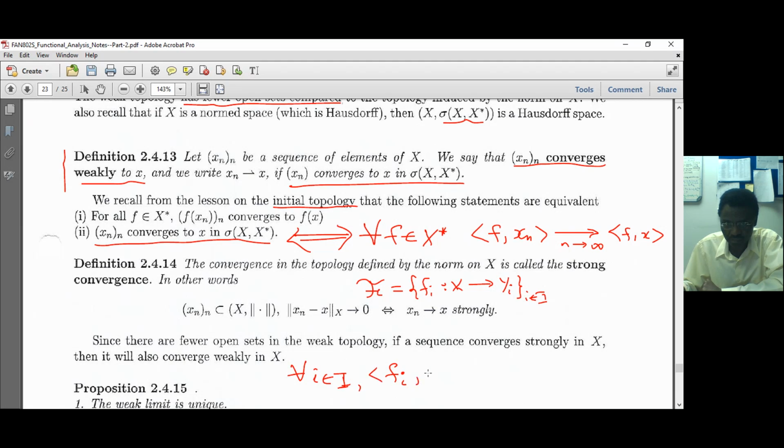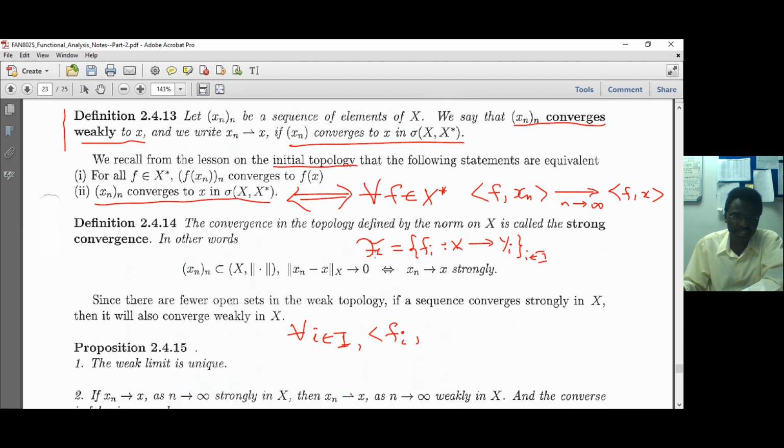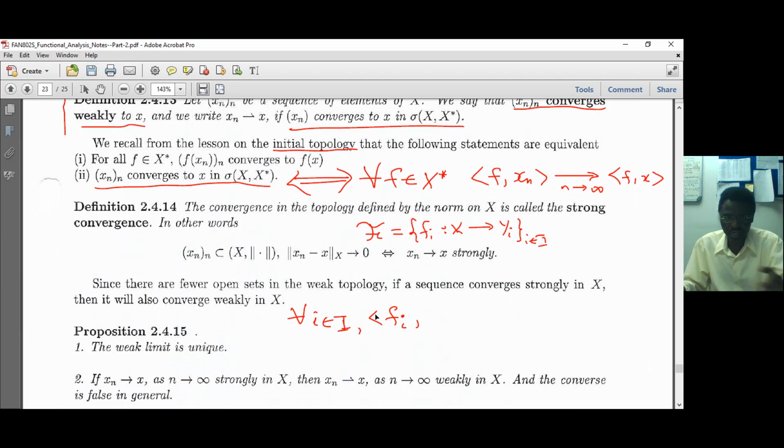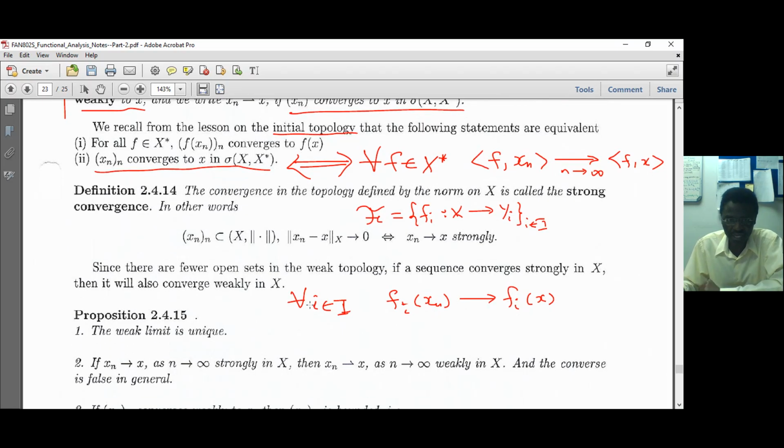Obviously, this F is not in the dual, so we don't actually need the duality bracket. So we can just write Fi like this. Xn converges to Fi of x for any I.